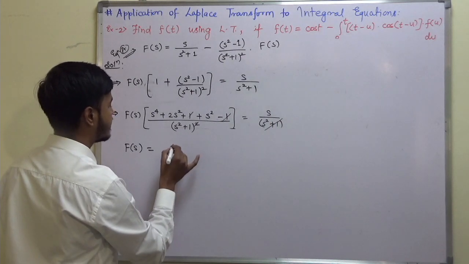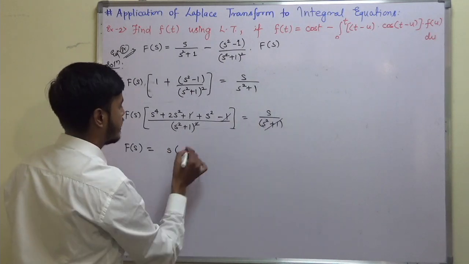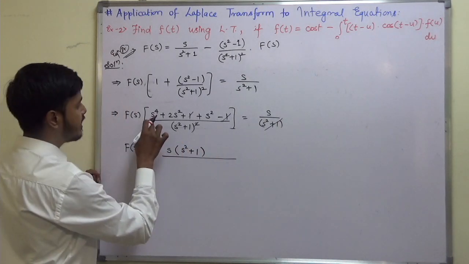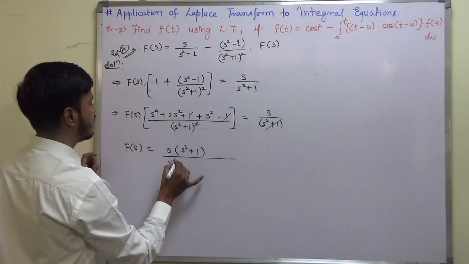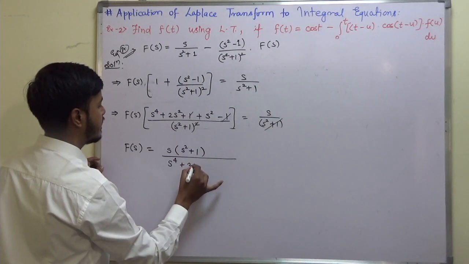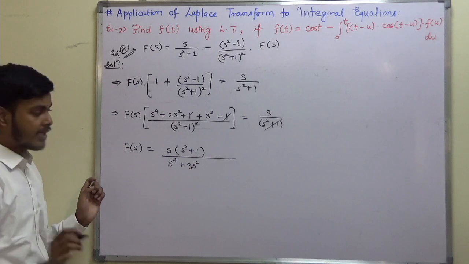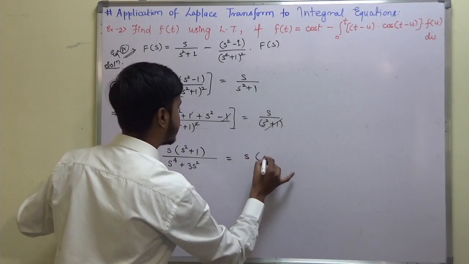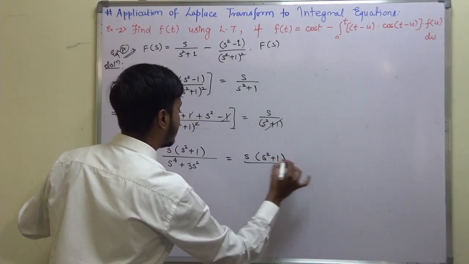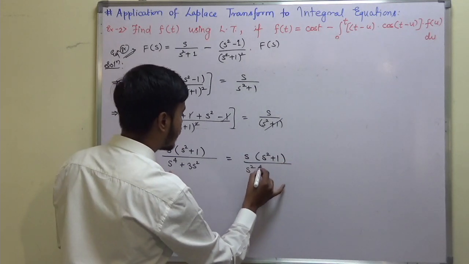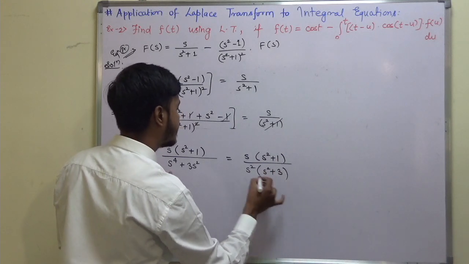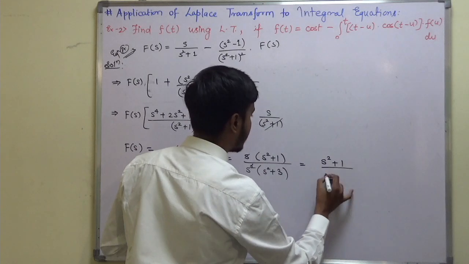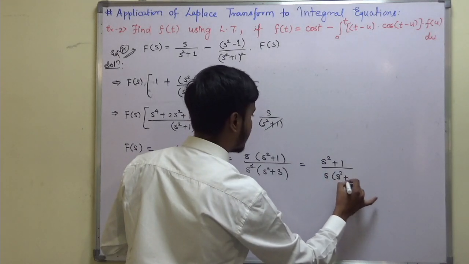So this is s upon s into s square plus 1 whole divided by s to the power 4 plus 3s square, right? Now you can take s square common, so this would be s square plus 3. So the s gets cancelled, and this is s square plus 1 upon s into s square plus 3.